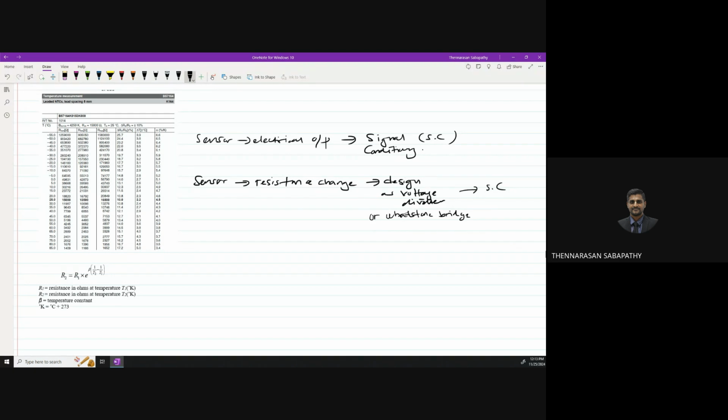But not all active sensors can produce electrical output by themselves. Some still need a power supply. Anyway, we looked at designing the sensor the other day. Usually the operating range will be given for the sensor.